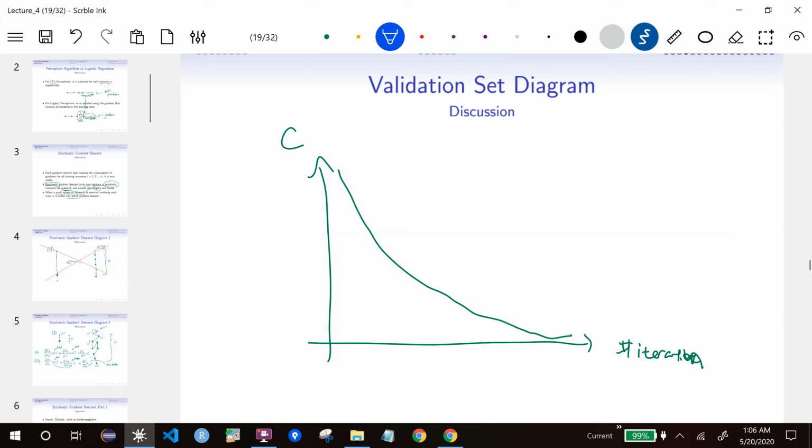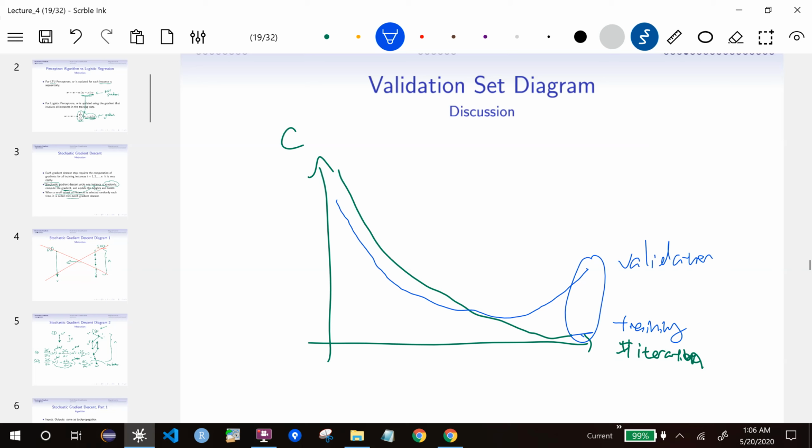However, if we have an independent, different validation set, at the beginning the cost will be large, but if we train and train and train, it will not get better and better. At some point, it will get worse, because in this region it will be overfitted to the training set. So it's not as good on the validation set.